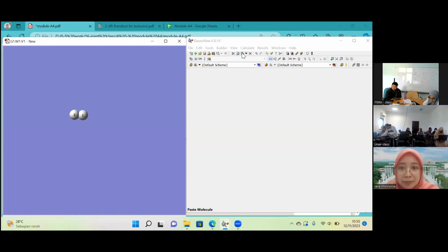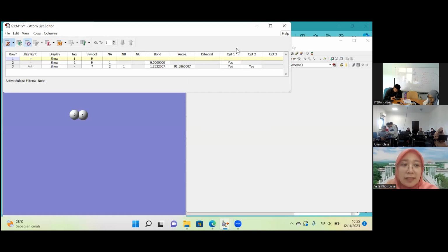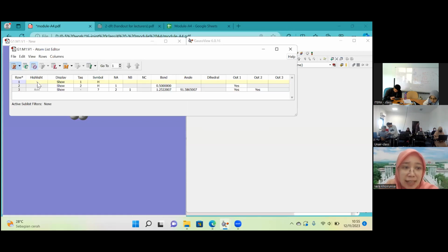And then you go to tools and atom list. Tools, atom list. Can you find it? Okay, and click the atom list. And here, please highlight the first and the second row.